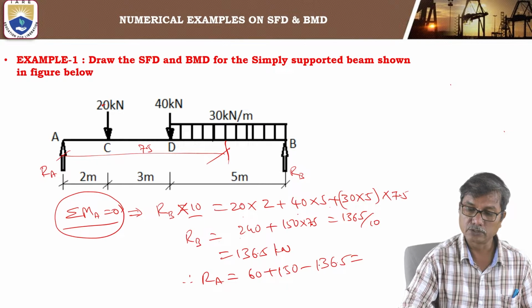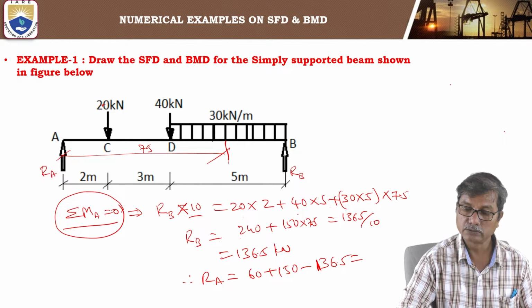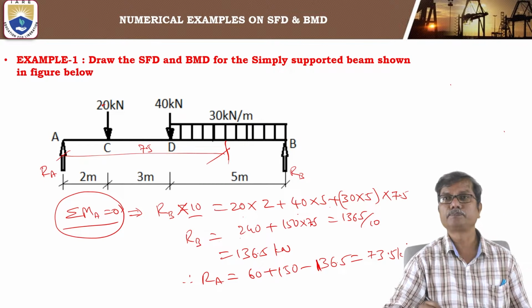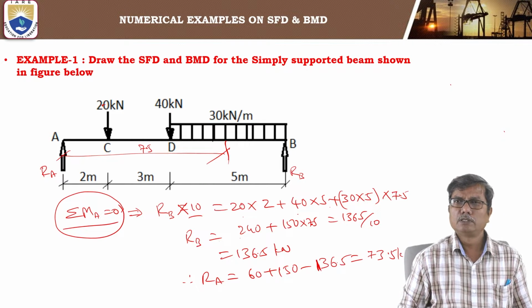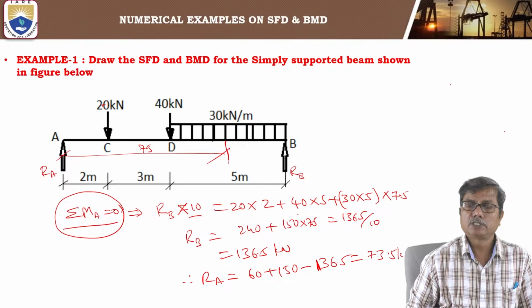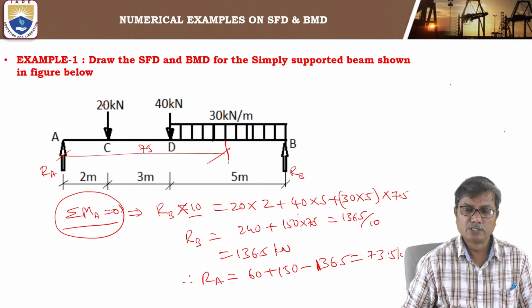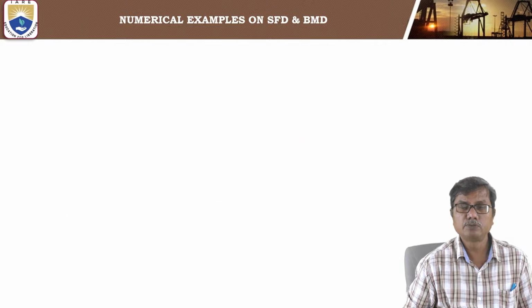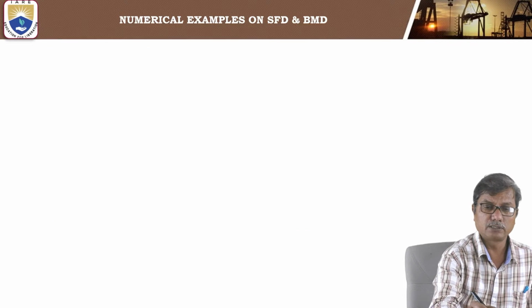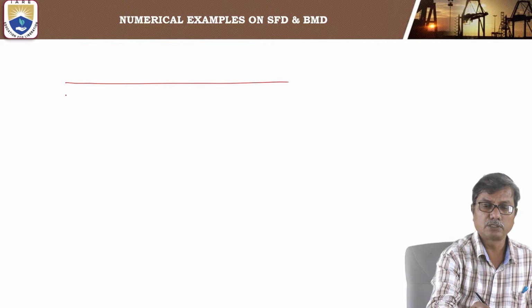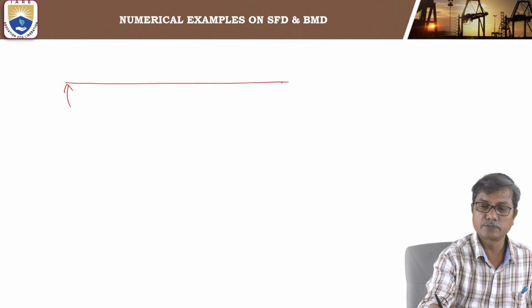So this gives RA as 73.5 kilonewtons. Okay, RA is 73.5 and RB is 136.5. So knowing the reactions, now we can draw the shear force and bending moment diagrams.